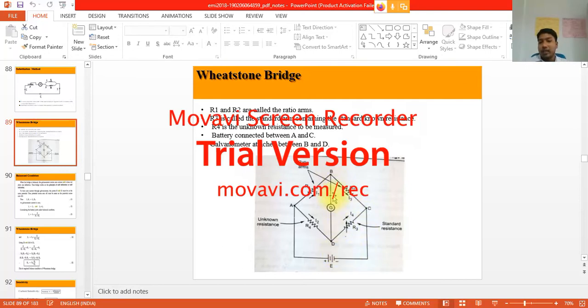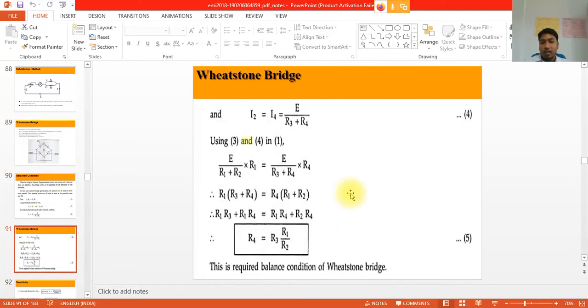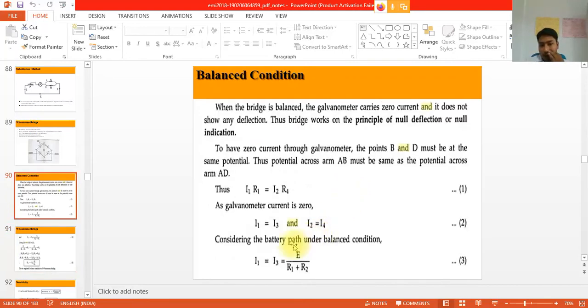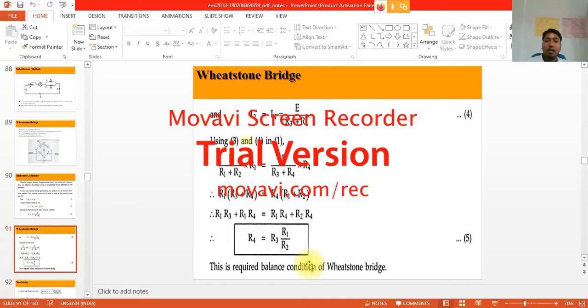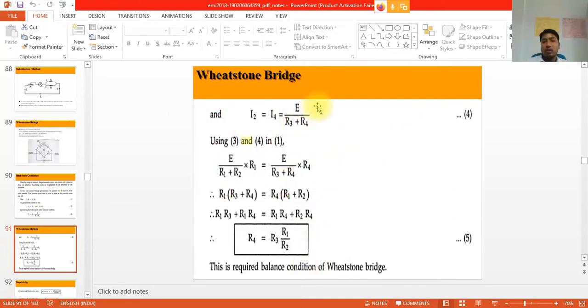The current I1 or I3 is E by R1 plus R2. In a similar way, I2 or I4 is equal to E by R3 plus R4.